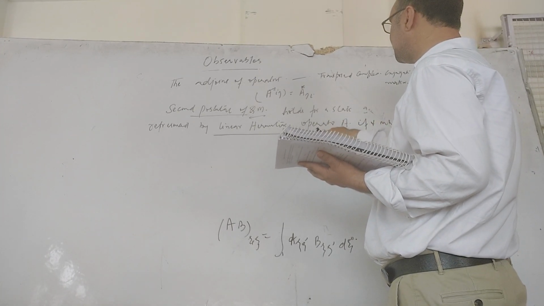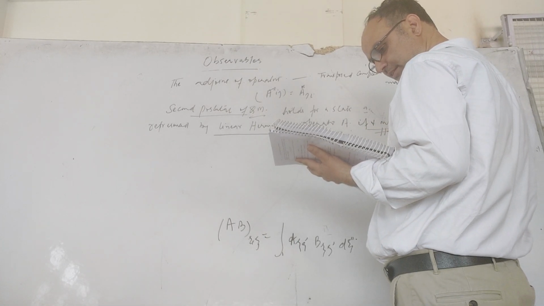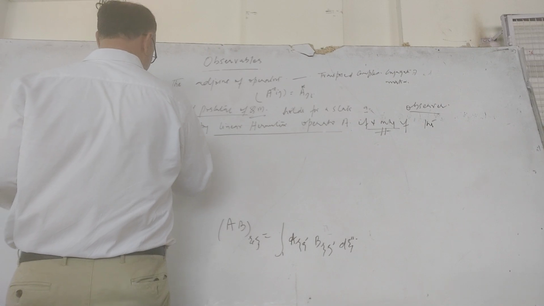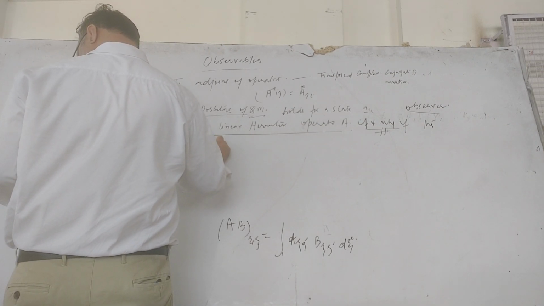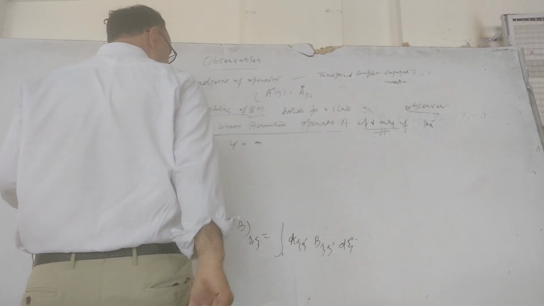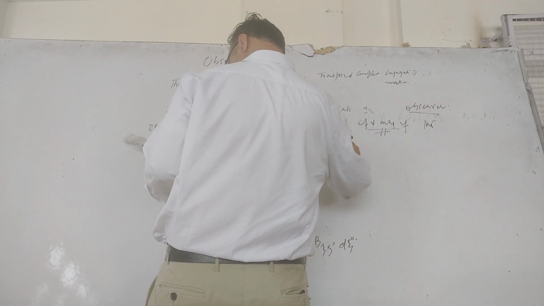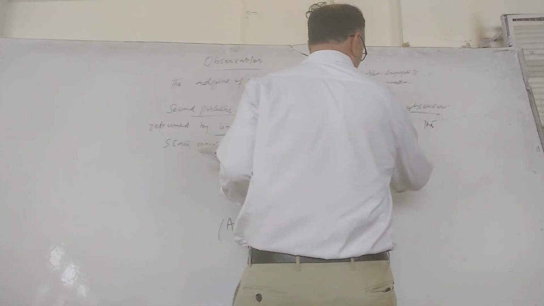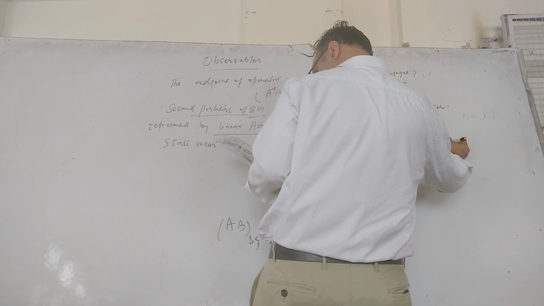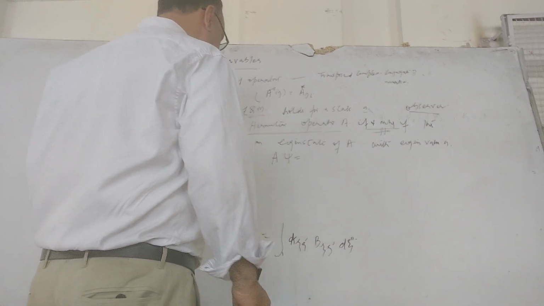It can only be represented by the Hermitian operator A if and only if the state vector psi is an eigenstate of A with eigenvalue A, in the sense that A psi is equal to a psi.